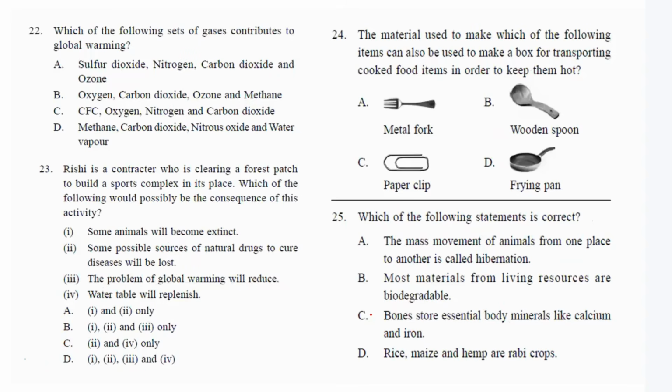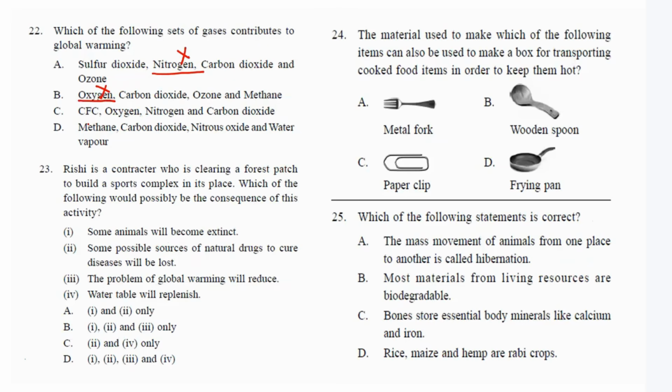Coming to question number 22, which of the following set of gases contributes to global warming? If you see the options, the first option, sulfur dioxide, nitrogen, carbon dioxide, and ozone: nitrogen does not help in global warming. Oxygen, carbon dioxide, ozone, and methane: oxygen does not contribute to global warming.